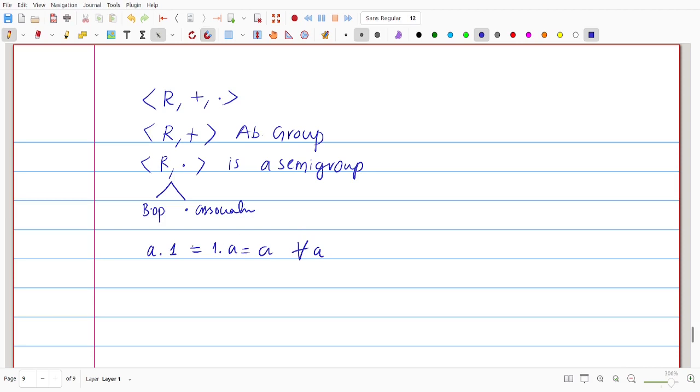If there exists such an element 1 in that ring, if this 1 is an element of the ring R, then we can say that 1 is the unity. Unity means multiplicative identity. So once a ring has this multiplicative identity, then you can say that the ring is a ring with unity.